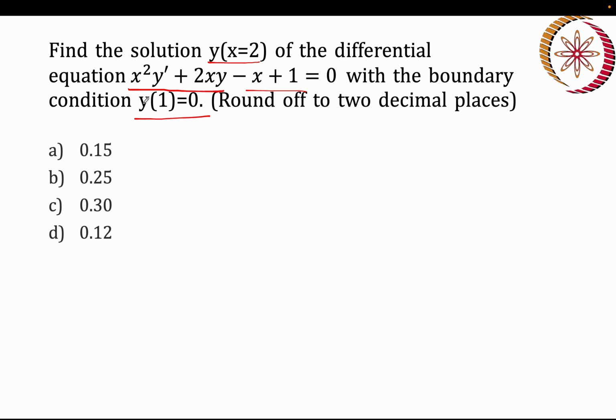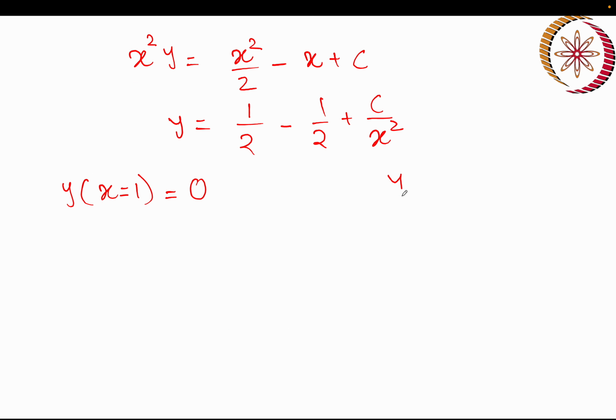So y at x is equal to 1 is 0, and we are interested in y at x is equal to 2. Okay, so the only thing that we are supposed to determine is c.